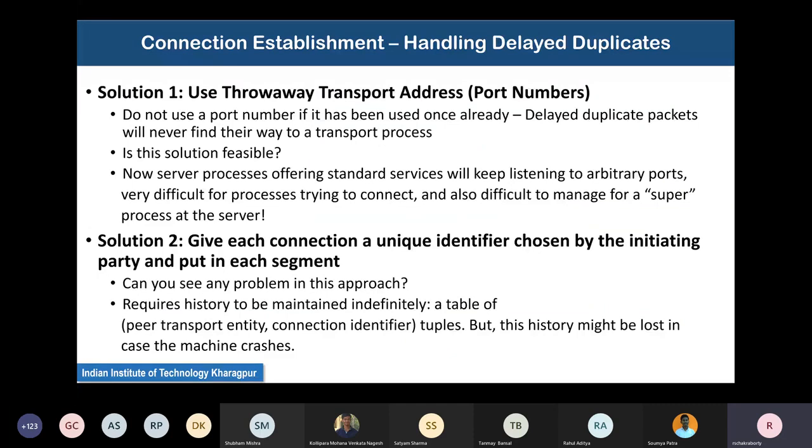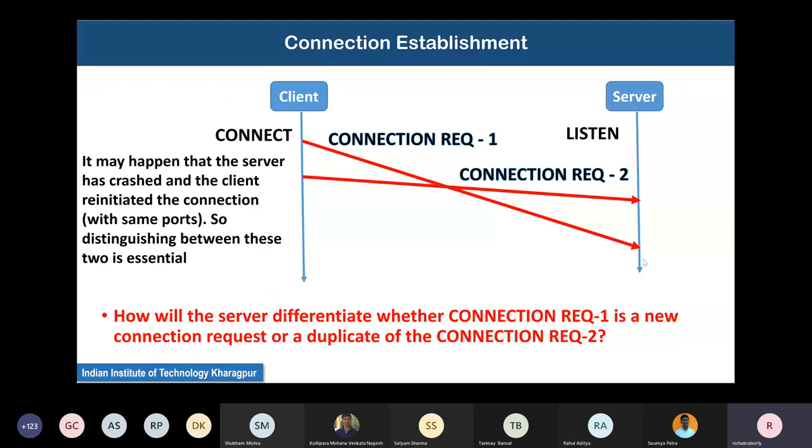Okay, peer transport entity, that is the sender, client, and connection identifier. These tuples it is maintaining. What is the peer transport entity? Well, probably the IP address of the sender, and the connection identifier tuples are being maintained. But this history might be lost in case the server crashes in the time between it received the first connection request 2 and this time.